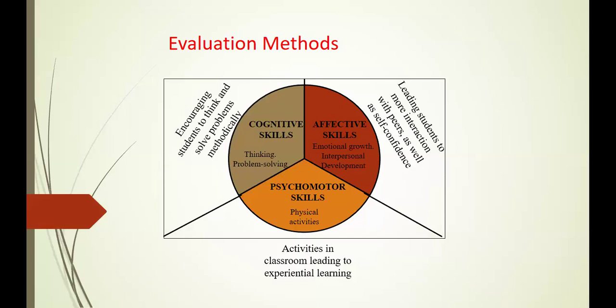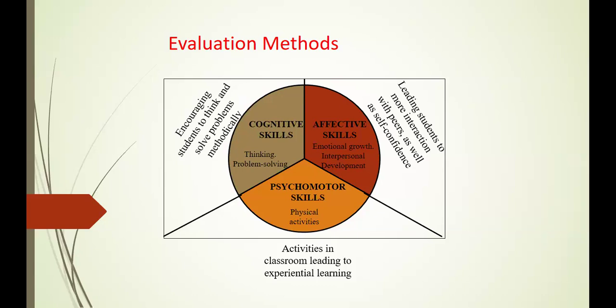But when we look at these things, we see all the 3 domains are not completely separate. So we can see in the slide also, all these 3 are in one circle divided into 3 parts.